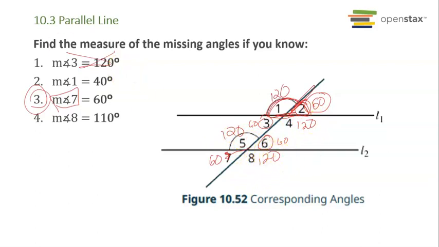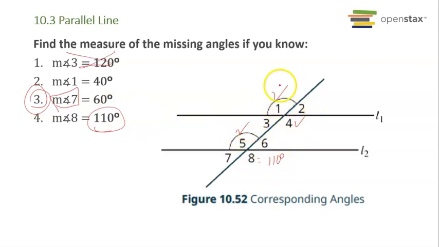And if I went the other way and said, what if 8 was 110 on number 4 here? Well, this is 110 degrees, and so is 5. So is 4. So is 1. They're all 110. And if that's 110, all of this has to add up to 180.